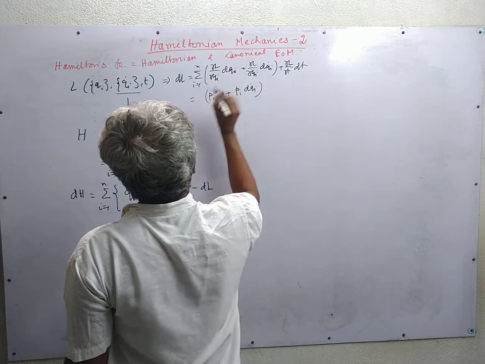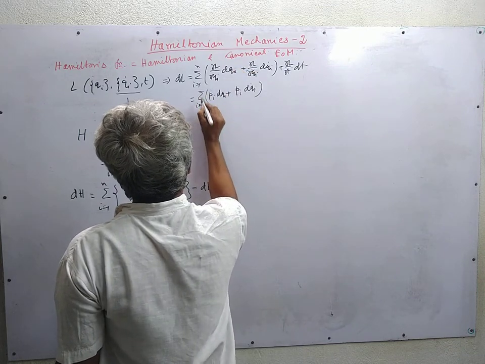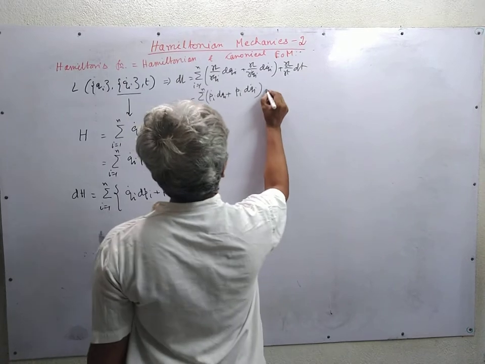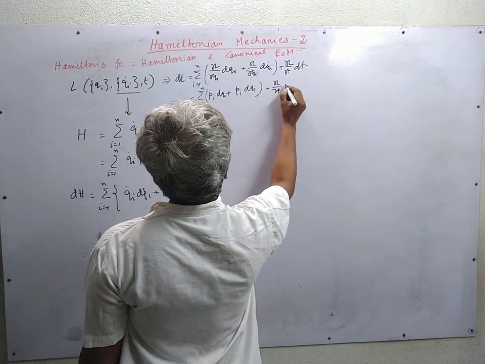This is dQi, summation over i equal to 1 to n, plus ∂L/∂t.